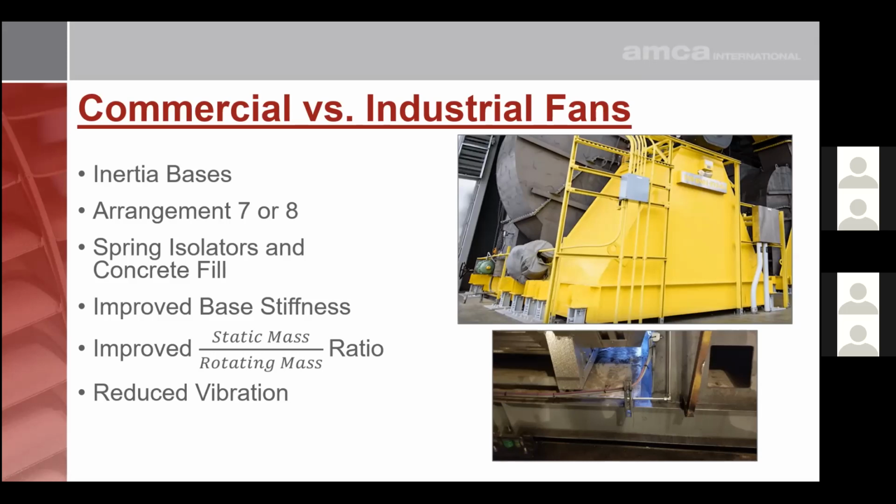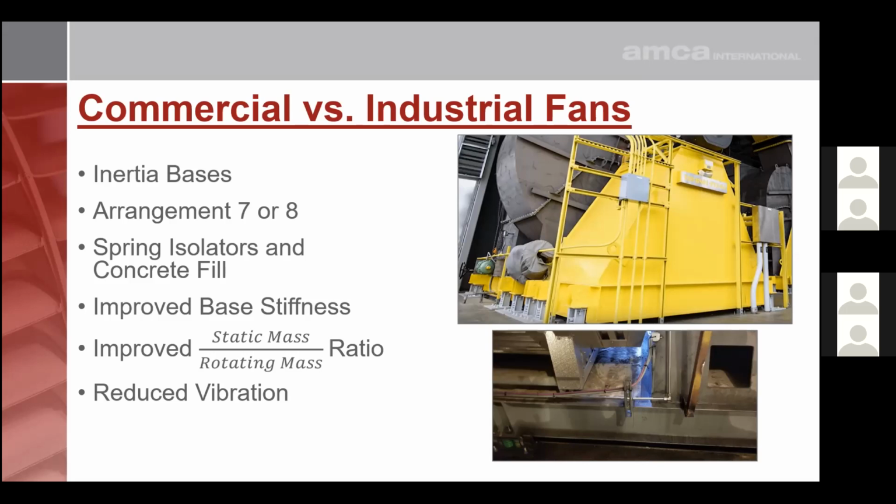A heavier base results in a greater static to rotating mass ratio. The greater this ratio, the less response to any impeller imbalance there is. In general, you'll see different recommendations. Somewhere between a 4-to-1 or a 7-to-1, depending on who you ask, will be recommended as far as a static mass to rotating mass ratio.